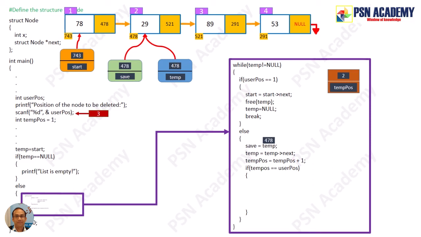So temp next is 521. So this will be stored inside temp so that temp will start pointing to the node at 521. Now the third line, temp_pos equal to temp_pos plus 1. The temp_pos will be updated to 3.